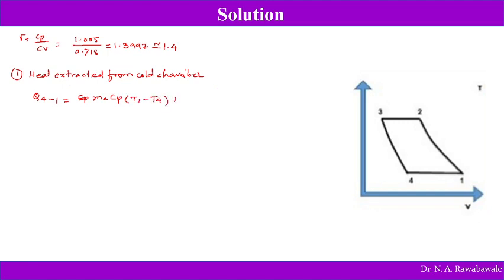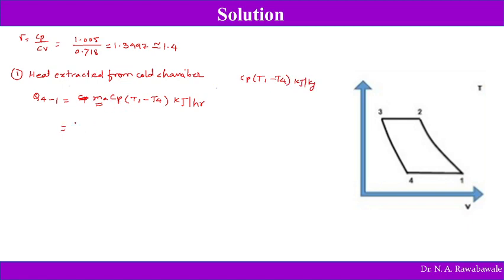This will be in kilojoules per hour. So if we do not take this MA, if it is Cp (T1 minus T4), this will be in kilojoules per kg. So we are multiplying it by MA, therefore it will be in kilojoules per hour.